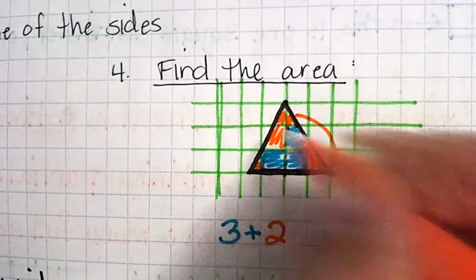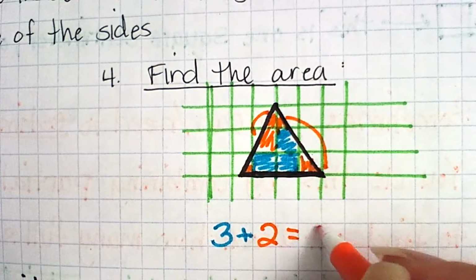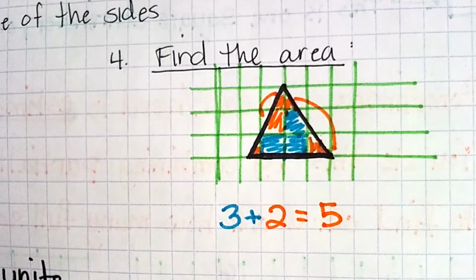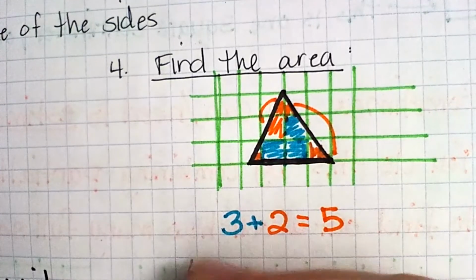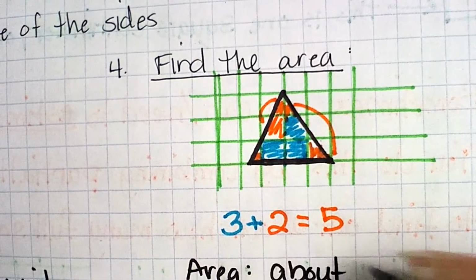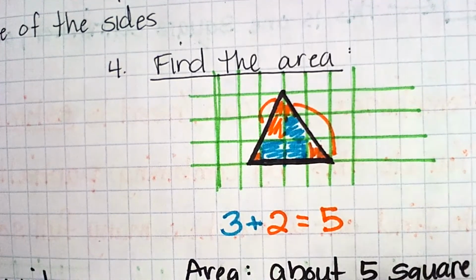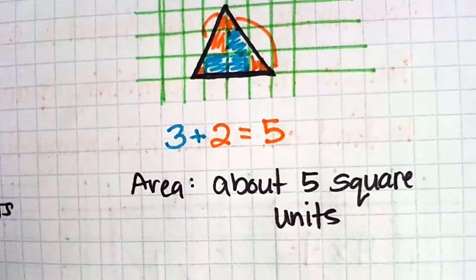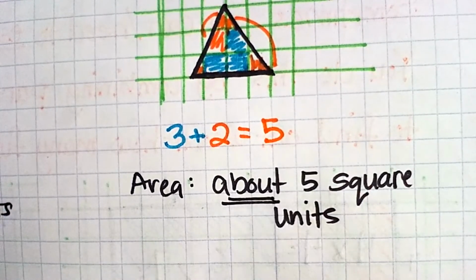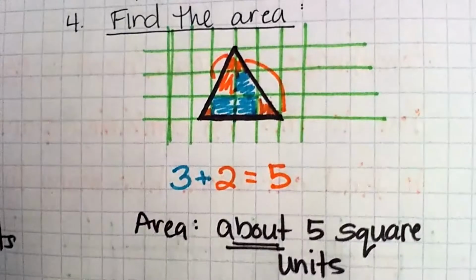So we put those together and we put these 2 together. And that gave us 5. So our area over here is going to be about 5 square units. So we said about 5 square units because it's not exact, it's an estimate. We're giving it our best guess.